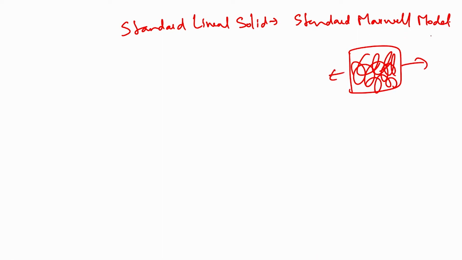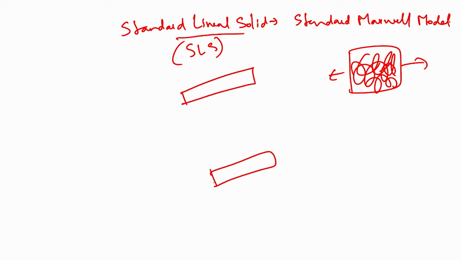So that is why this model, a standard linear solid or SLS model, was proposed, where we have a spring in parallel with the Maxwell model that we already discussed.